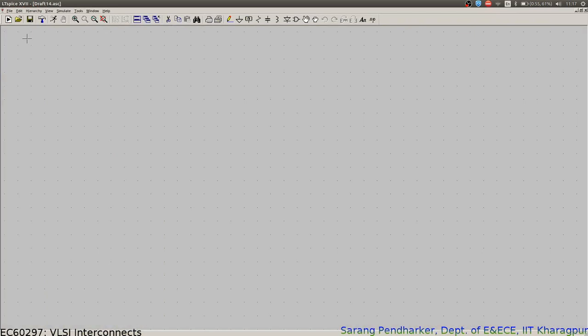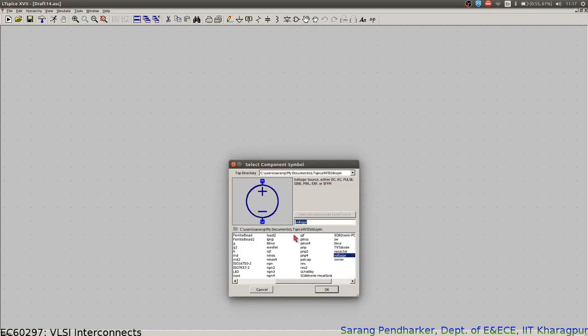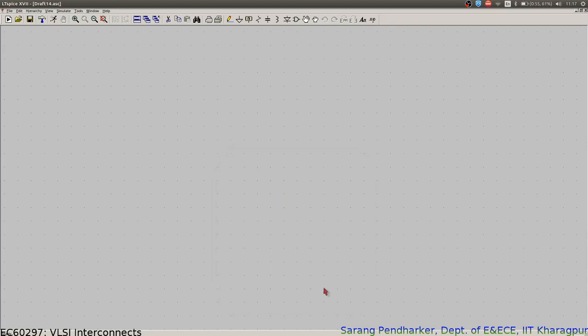For the first case, I am creating a circuit from scratch. Here you just have to define the components and drag and drop. There will be a lot of components here. I want a voltage, so I select a voltage source and drop it. Then I want a resistor.